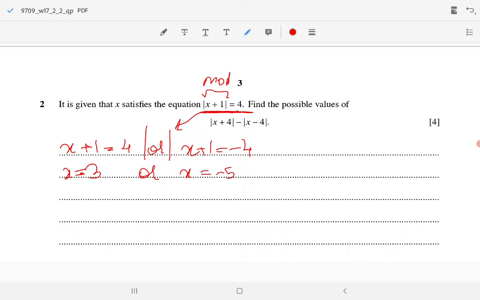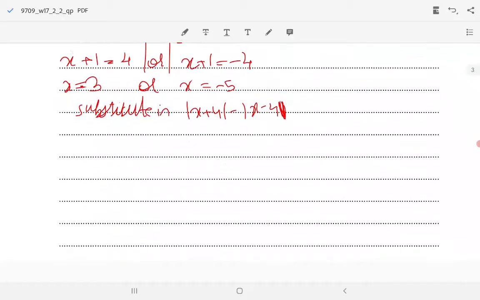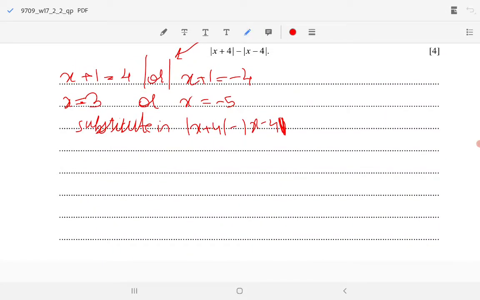So we substitute in x plus 4 minus modulus of x minus 4. So 3 plus 4 minus modulus of 3 minus 4, if you solve this you'll get 7 minus 1, which is 6.